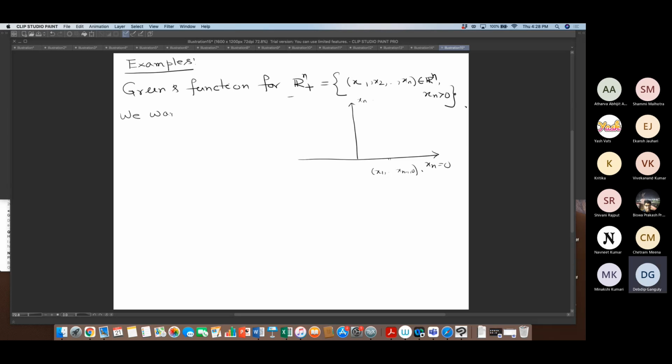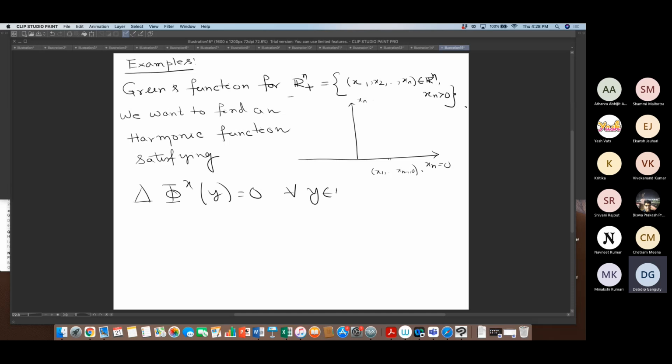We want to find a harmonic function satisfying the boundary condition, right? We want to find a harmonic function, then we are done, right?